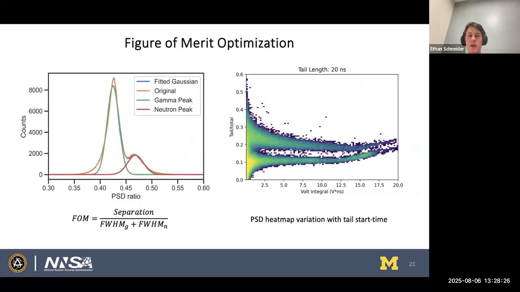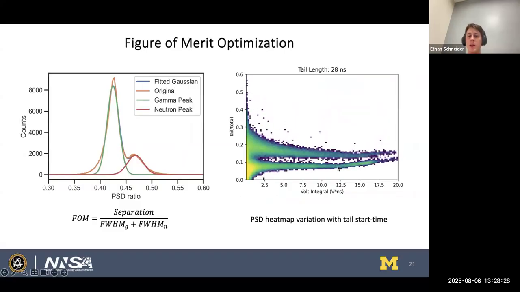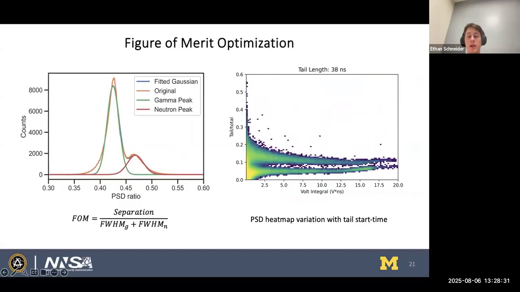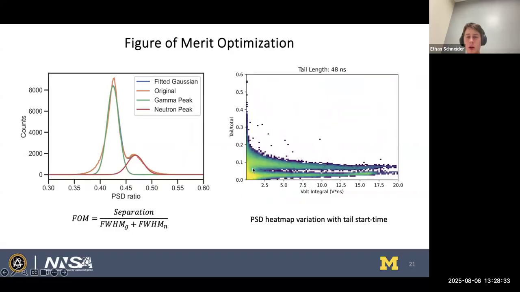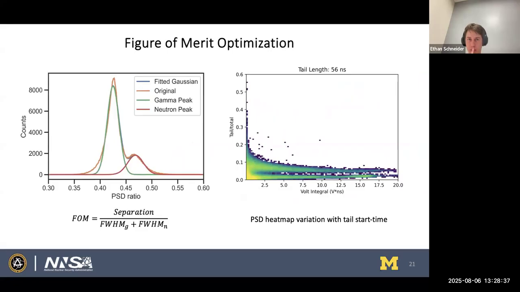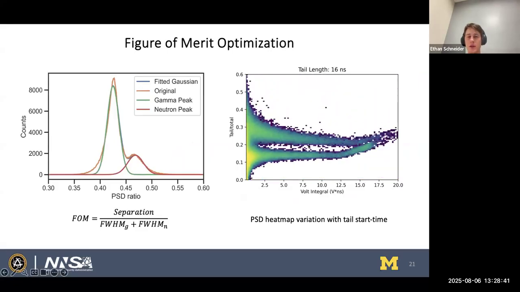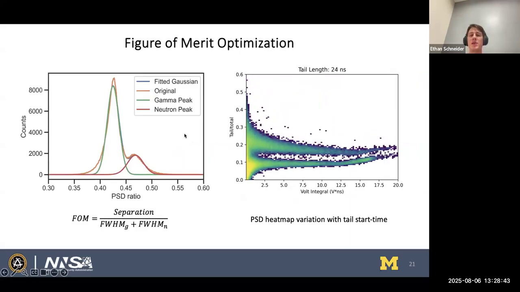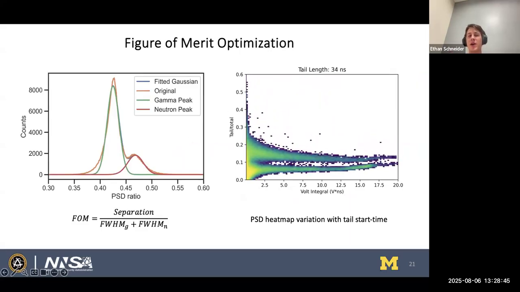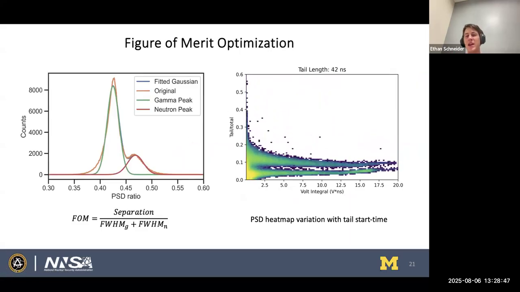This figure of merit will also change based upon the tail length that we select. Our PSD figure of merit is determined by the specific tail length that we use.